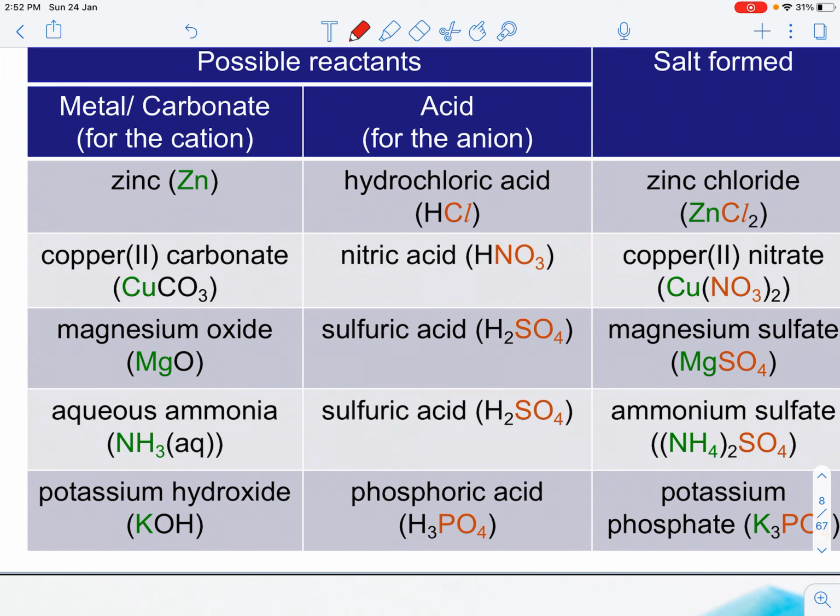Okay, so a reactive metal can react with hydrochloric acid, you will actually form zinc chloride. So usually we remember the ions for acid. If it's a hydrochloric acid, it's a chloride. If it's a nitric acid, it's a nitrate. Sulfuric acid is a sulfate.